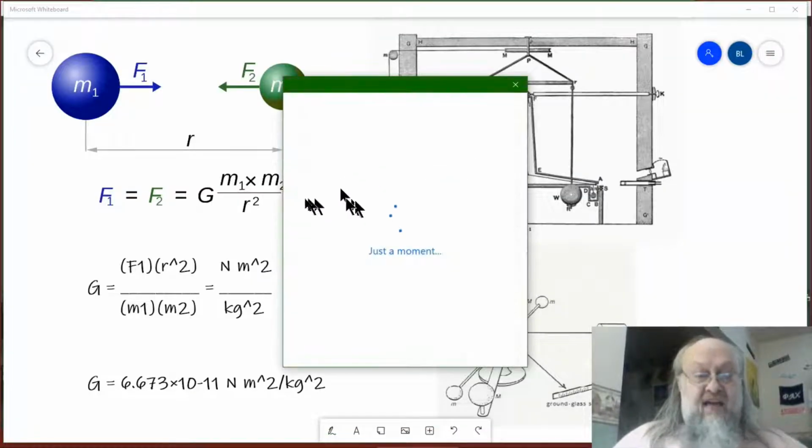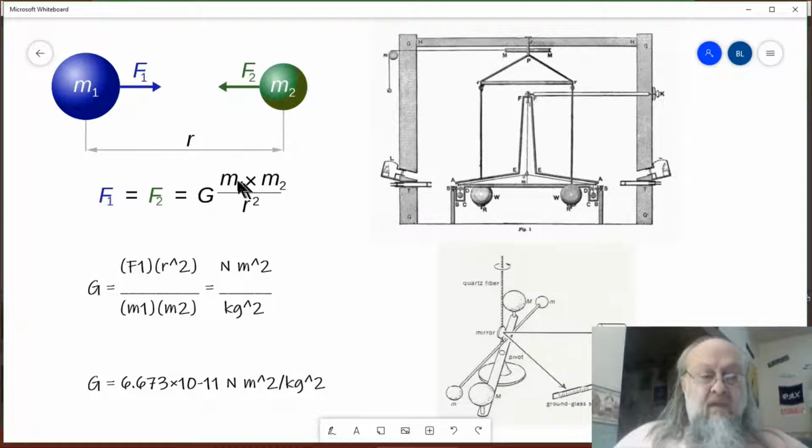In this case, you have mass times mass, or kilograms times kilograms, and distance times distance, or meters times meters. So you have kilogram squared per meter squared. But we know that force is in newtons, so the units don't match.